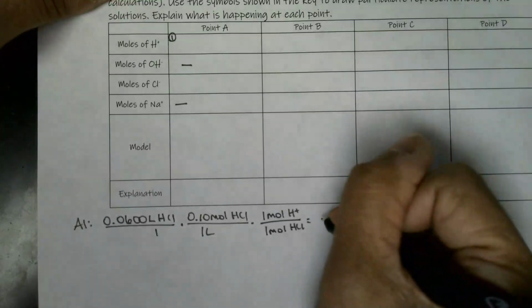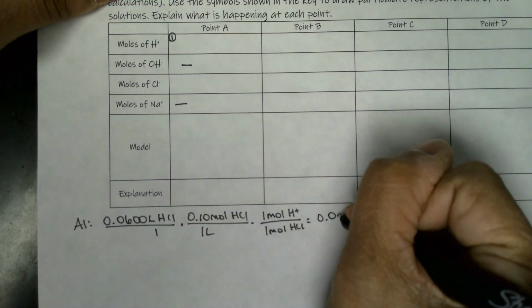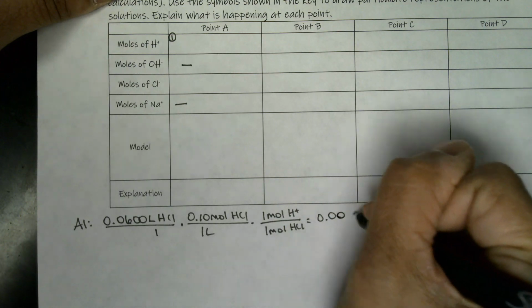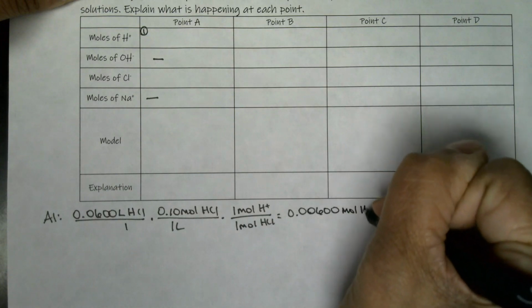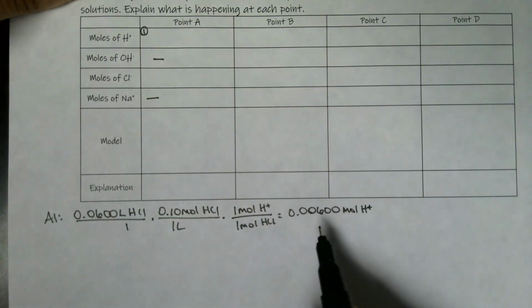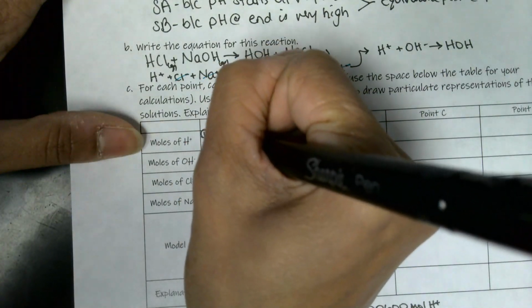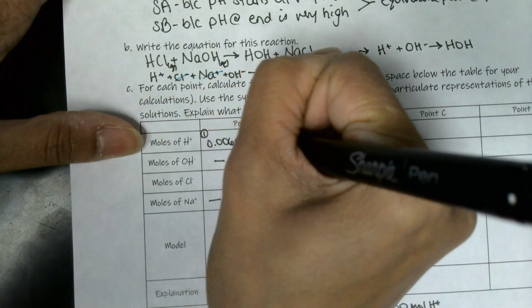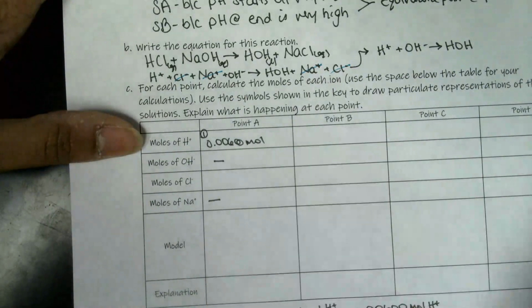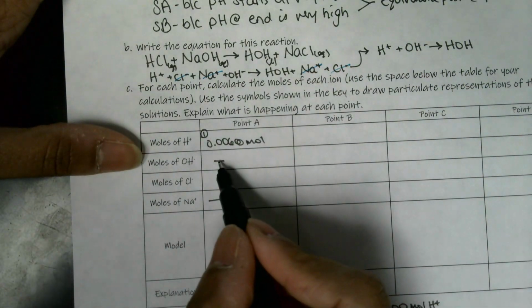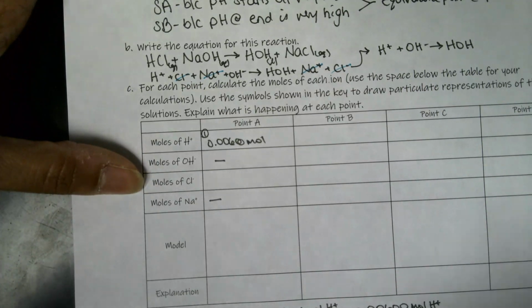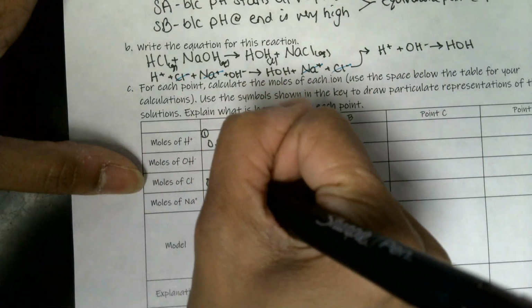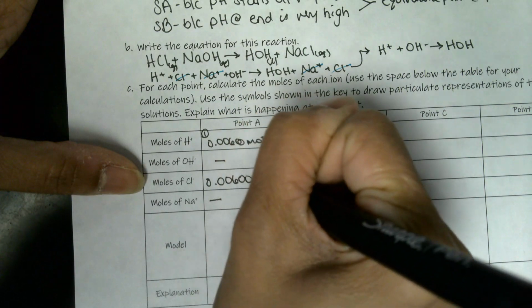So the math gives 0.0600 moles of H+. We will put that right in here. Oopsies, those are 2 zeros at the end. We know we don't have any OH. This is a 1-to-1 ratio between H and Cl, so it's the same exact thing for Cl.